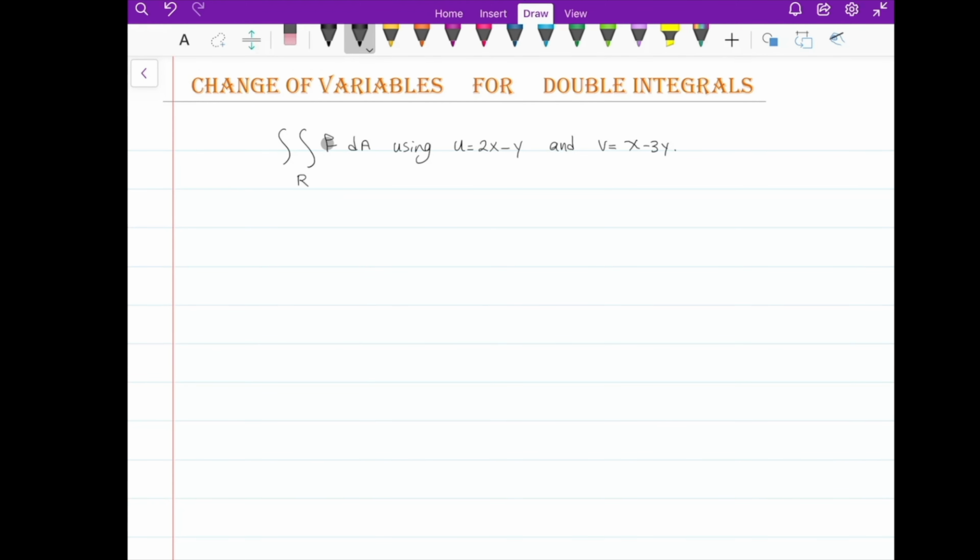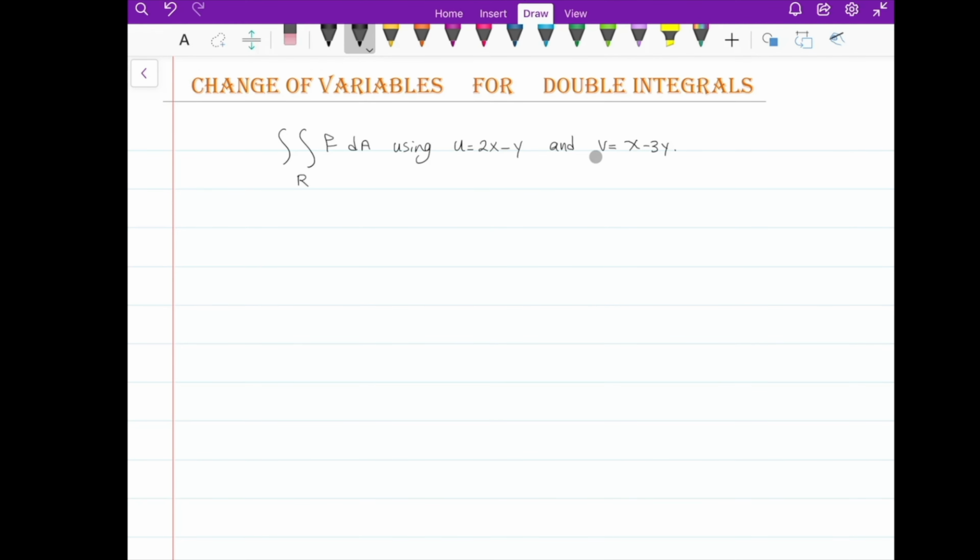Instead of any x that we see in the function f, and instead of any y, we can replace them with u and v. After we write x in terms of u and v and y in terms of u and v, we're going to change the region R with respect to u and v as well.